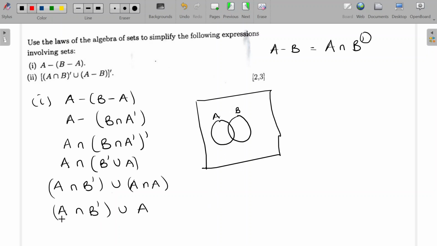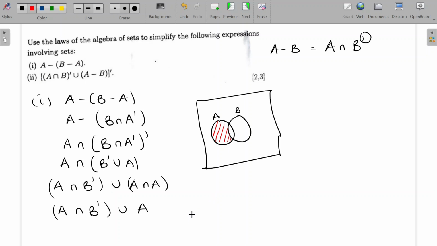Let me start with A intersection B complement, since I'm unionizing it with A. A intersection B complement means everything in A except what is in B, which is this part here.